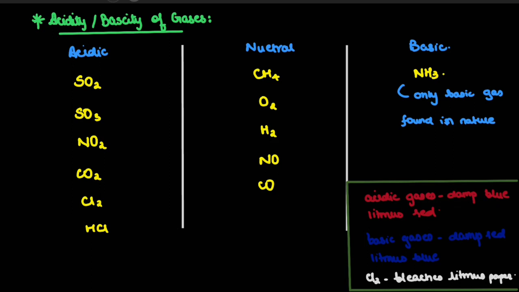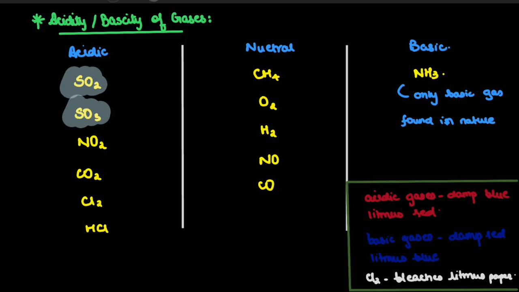Next, neutral gases. Methane is neutral, oxygen is neutral, hydrogen is neutral, nitrogen monoxide is neutral, and carbon monoxide is neutral. And acidic: sulfur dioxide is acidic, sulfur trioxide is acidic, and these have a lot of importance because when we talk about the contact process, you'll see their importance there.